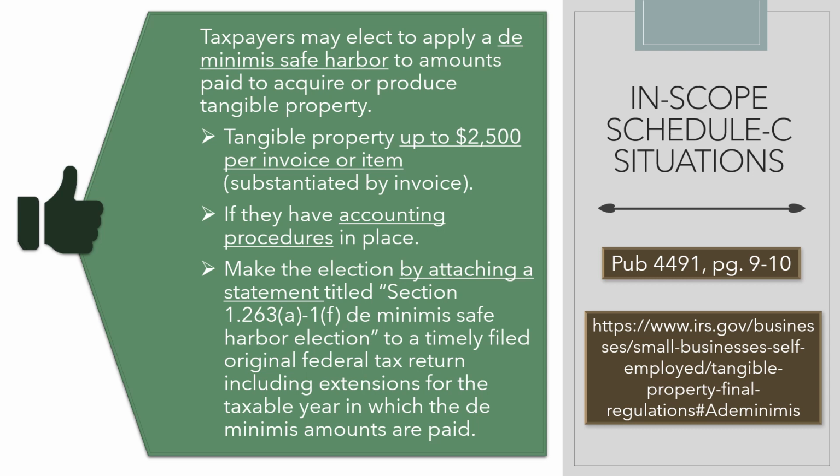And then also the IRS website has some frequently asked questions pages regarding this election. So if you just remember that there's this de minimis safe harbor for items of up to $2,500, and then just go ahead and look it up before you put it on the return to make sure that you're doing it correctly. But it's just cueing you to know that it's there and available for our taxpayers.